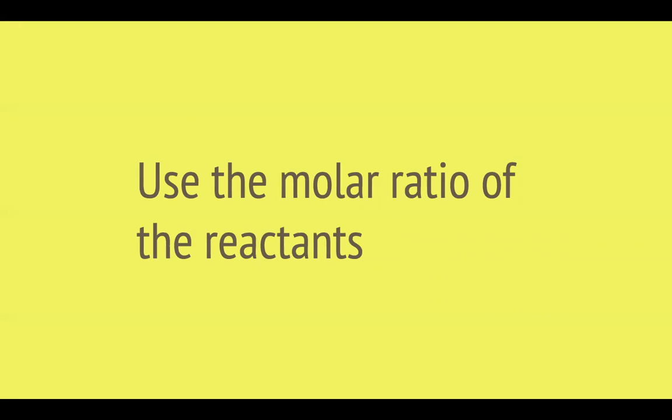Or the molar ratio of the reactants. So you're just going to take what you're given. Maybe you're given them in moles, so you don't have to do any conversion there. But if you're given them in grams or kilograms or whatever, you're just going to take what you're given and then convert it into moles.